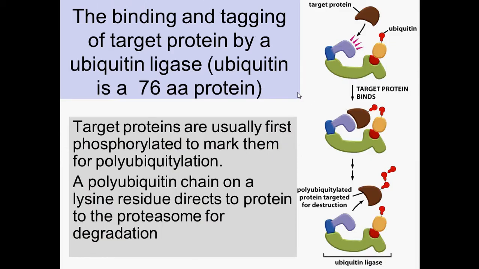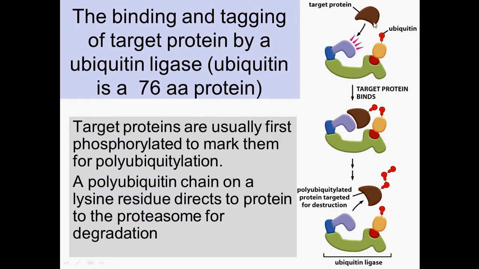And this one is about how our protein is going to be degraded. Usually first there's a phosphorylation, and then you have a polyubiquitin chain added to the protein. Here, the polyubiquitin chain is added to a lysine residue.